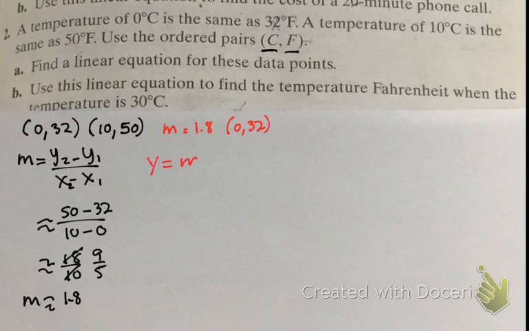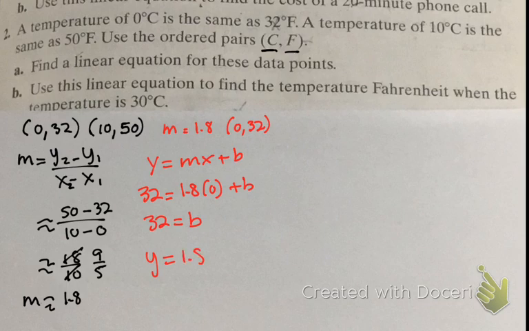Y equals mx plus b. I'm doing 32 equals 1.8 times 0 plus b. 32 equals my b. So what is the equation? I'm doing y equals 1 8/10 x plus 32.